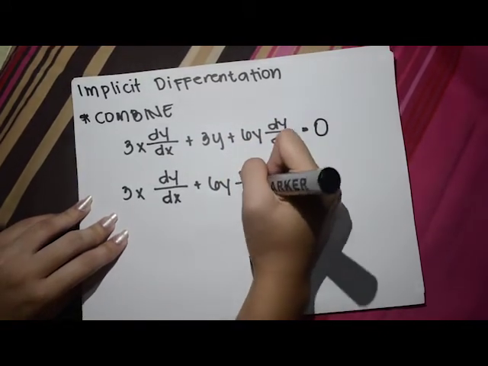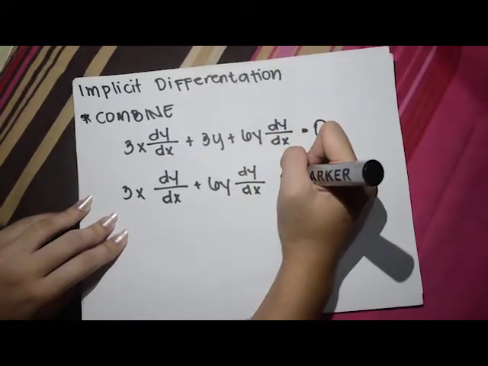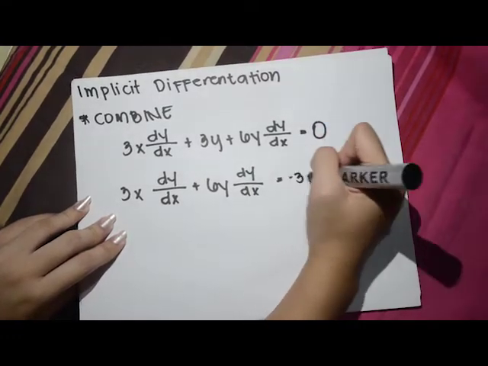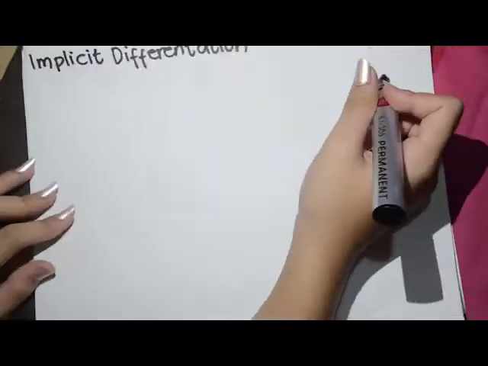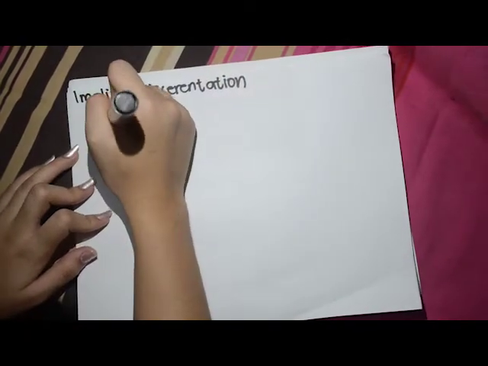Transpose 3y, which will make it negative 3y. Factor out dy over dx.